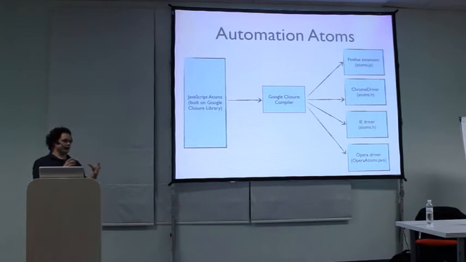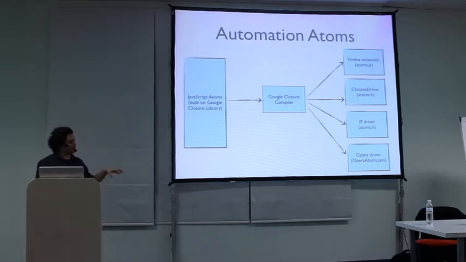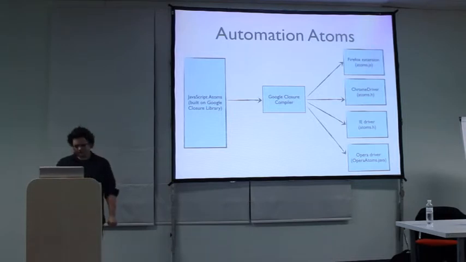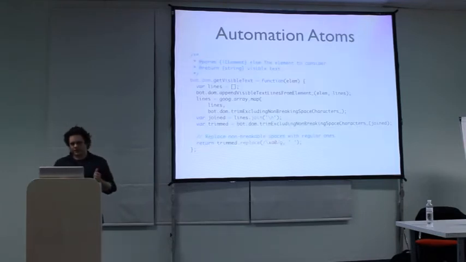Instead of having to re-implement things that are easy to do in JavaScript, we can have this shared code base that works across each driver. We only use the native capabilities of the browser if we need them. Otherwise, we want to maximize for ease of development by using the JavaScript atoms.